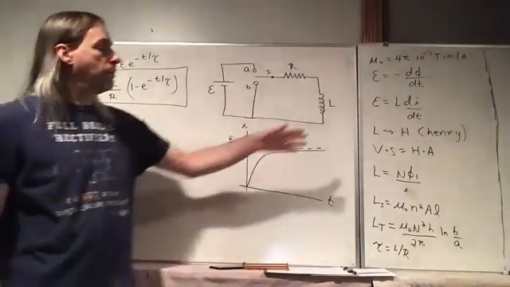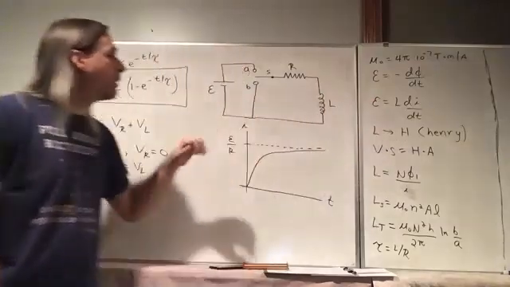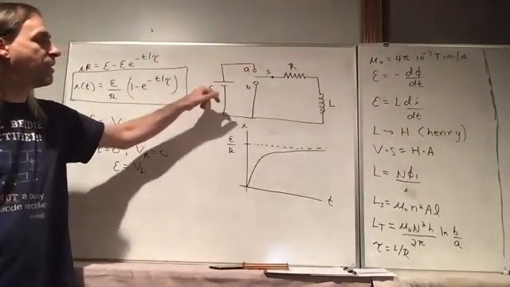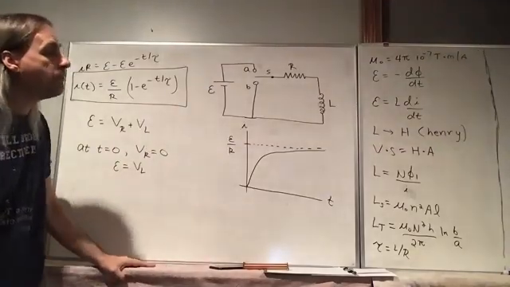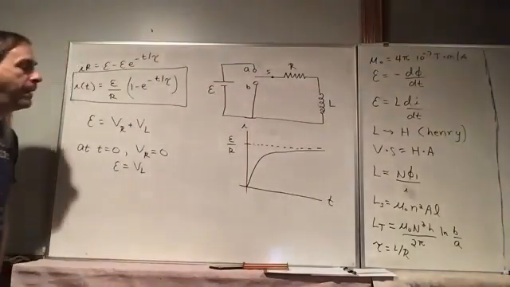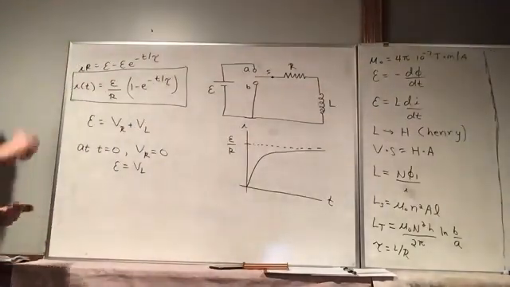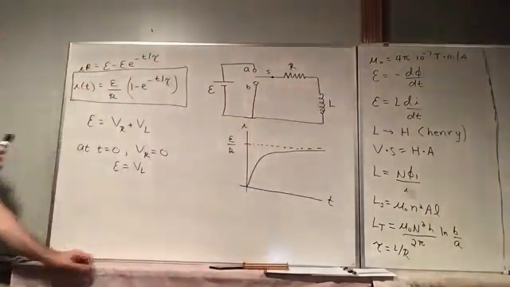The EMF across the inductor is equal to the entire battery. That's the highest it can be. And so we get a rapid increase in current. But now that we have this current building up, there's a voltage drop across the resistor.